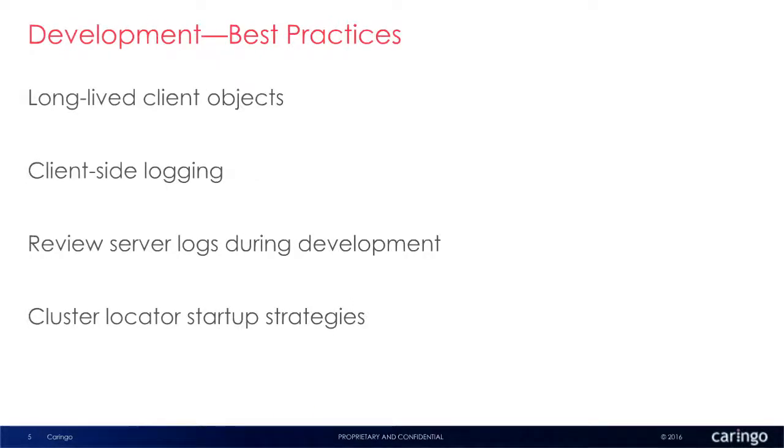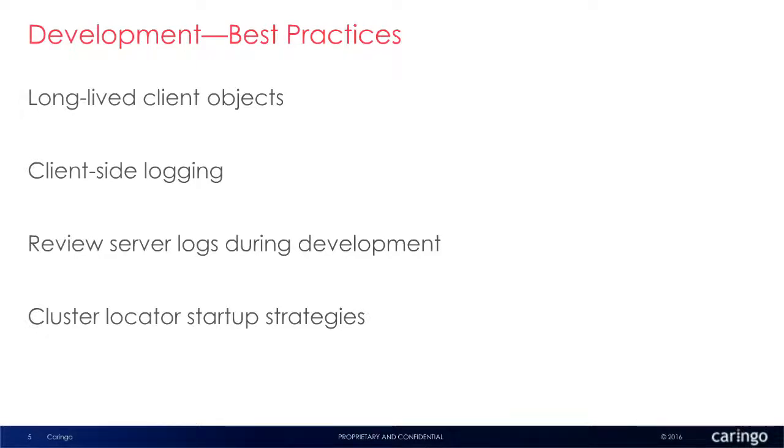So what are development best practices? We especially recommend long-lived client objects, and it might not be for an obvious reason. If you're thinking about, when I'm actually down there coding, how do I use a library? Do I set up a new client for each transaction or each file? Or do I set up a client and then run multiple calls through that client?